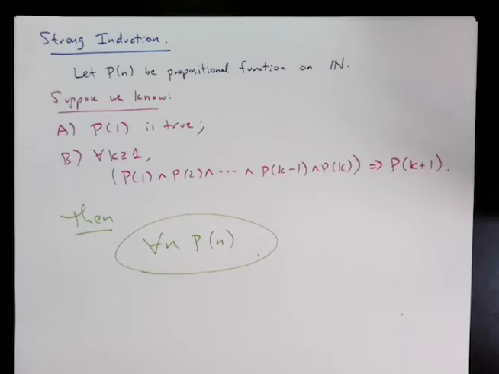Note what is different here. In strong induction, we can assume that the proposition is true for all arguments less than or equal to k, not just k itself, and then prove P of k plus 1.